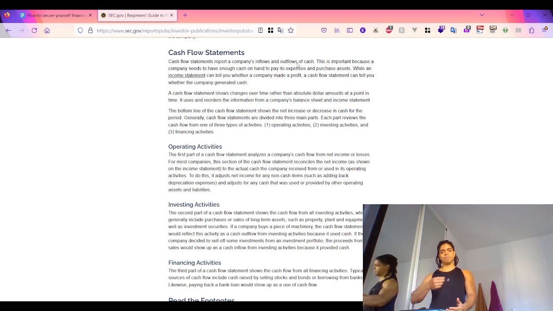So marketing, rent, software licenses, and maintenance contracts are other examples of prepaid expenses.